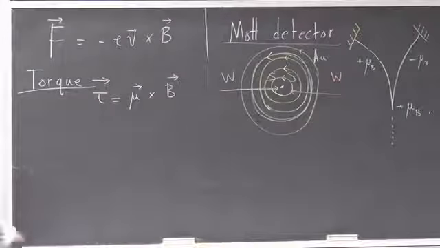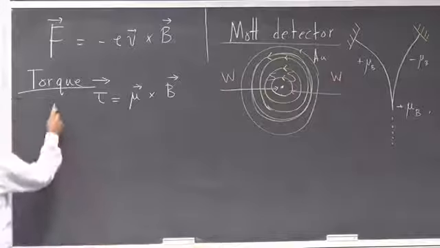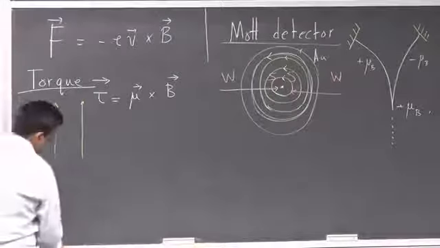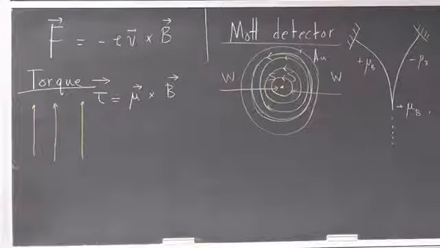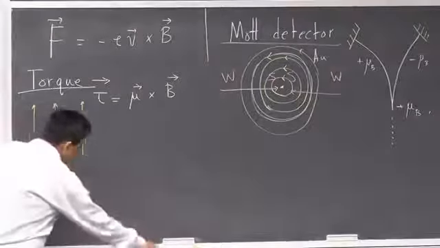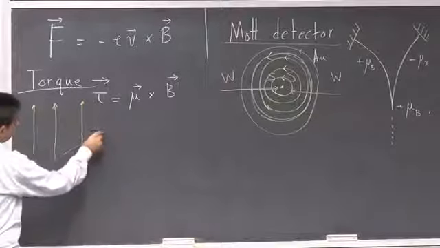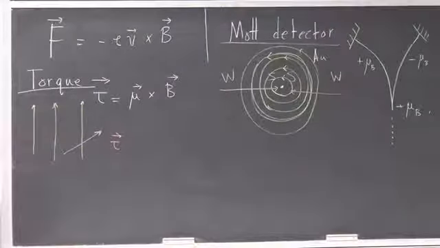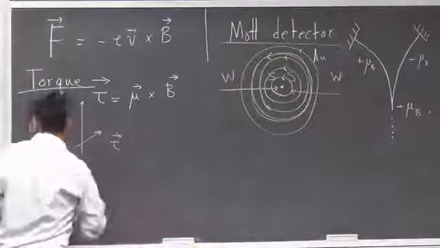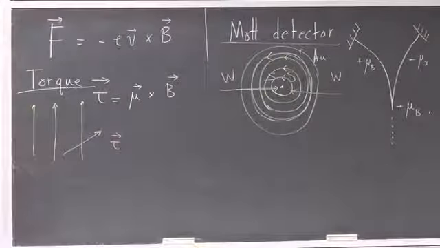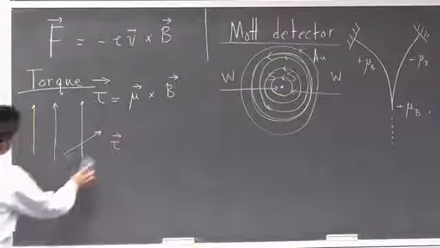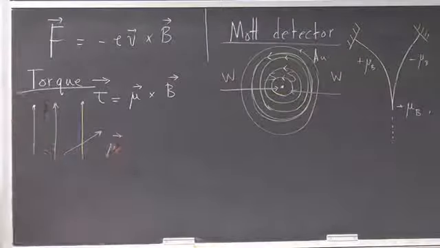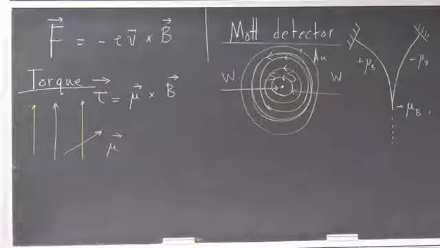So if I have a magnetic field that's pointing in the up direction, and you have a moment that's pointing in an arbitrary direction, like this, what's the direction of the torque here?